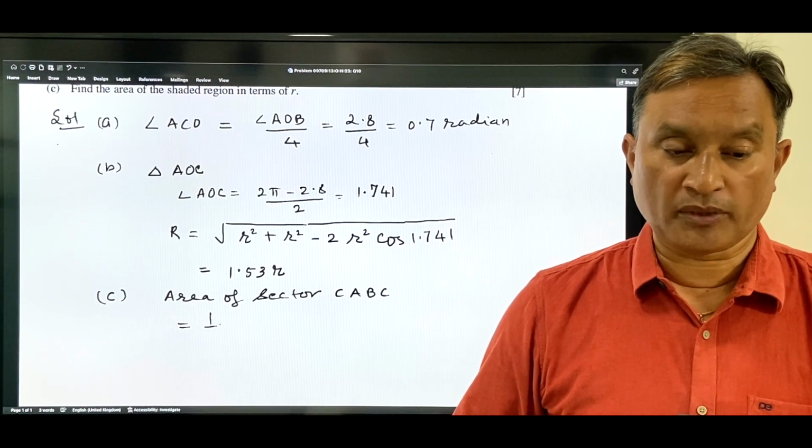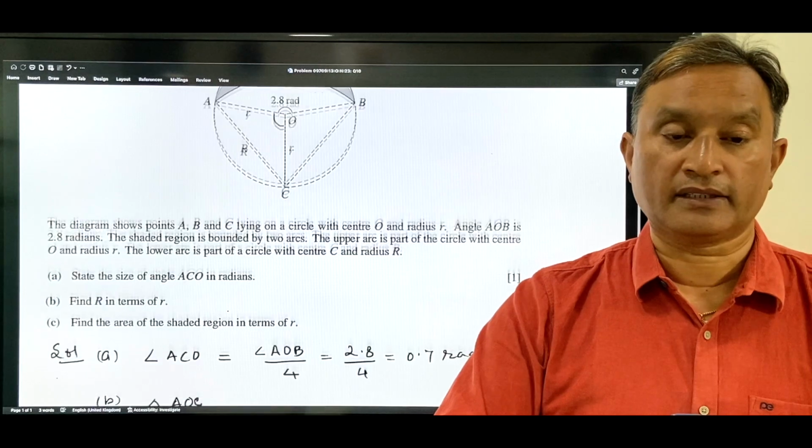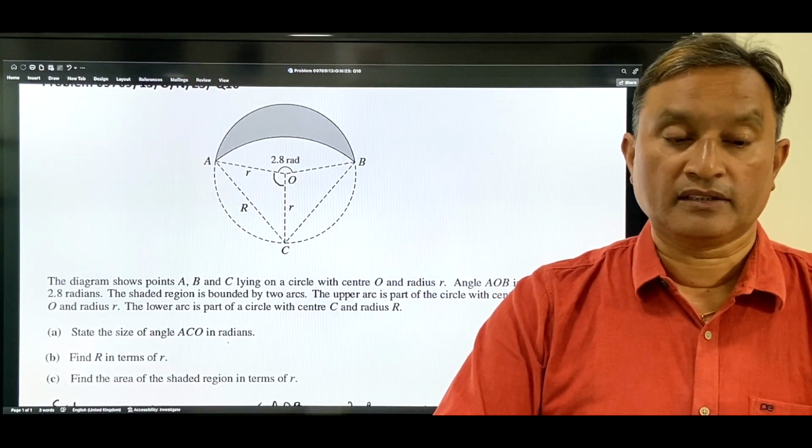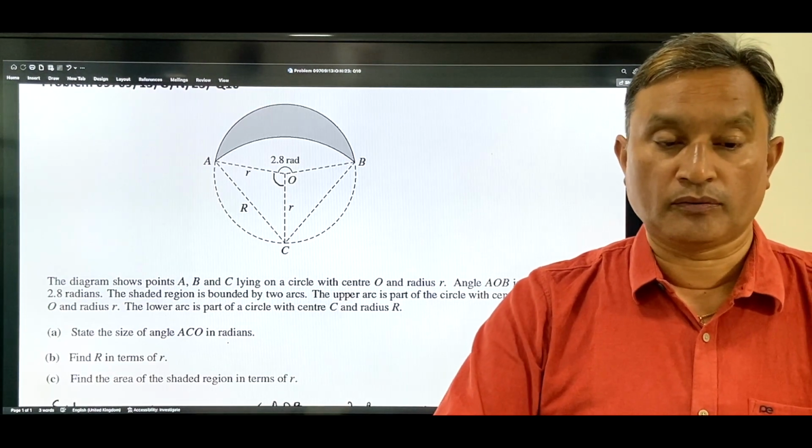And the area would be half. Now here the radius is capital R and the value of theta would be 1.4.